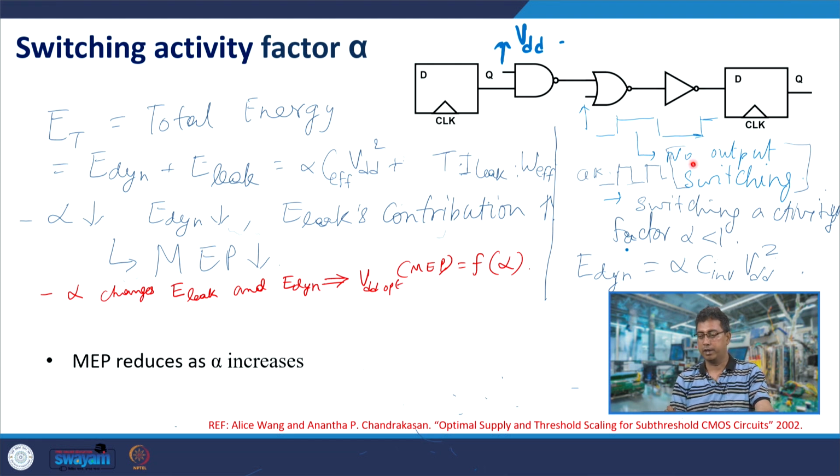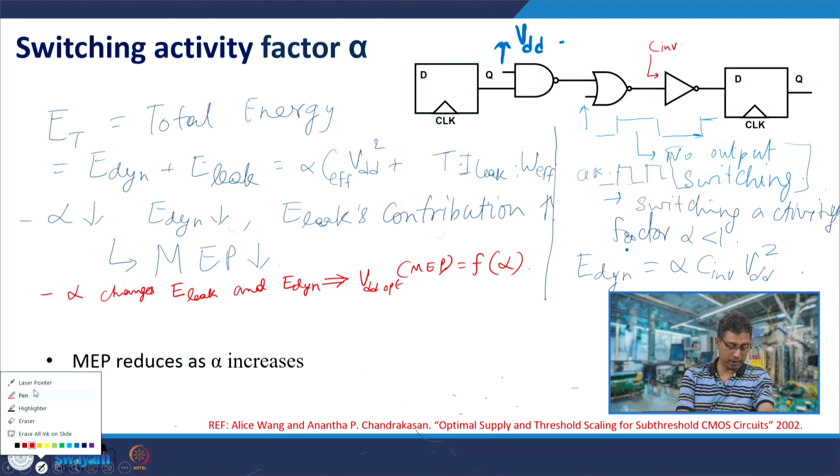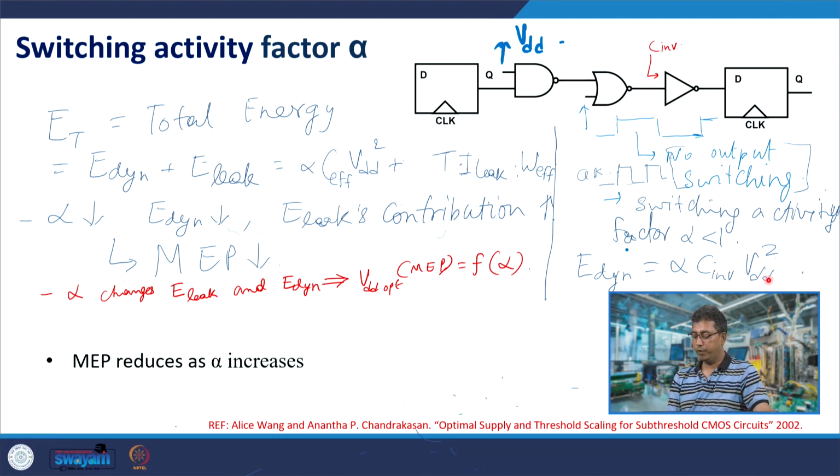the inverter would now have a switching activity factor which is smaller than 1. If we take the dynamic energy of the inverter per cycle, with C inverter being the inverter input capacitance, it would be C inverter into VDD square. But now, on average, we need not consider all the clock periods which occur when this input signal is VDD. We consider only those clock cycles which happen when this input is 0, because only then the inverter would switch.